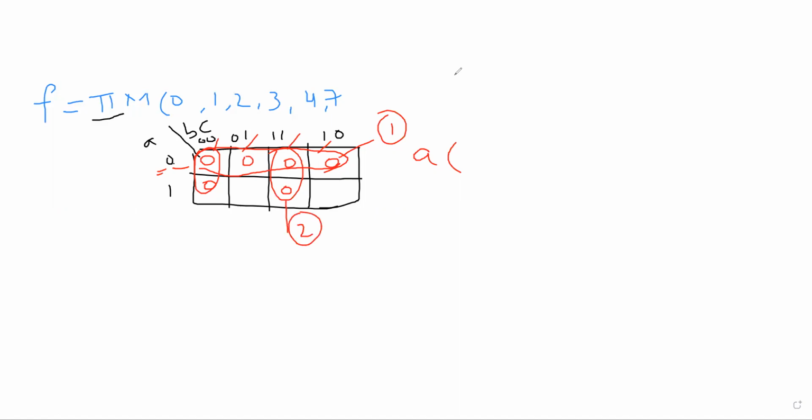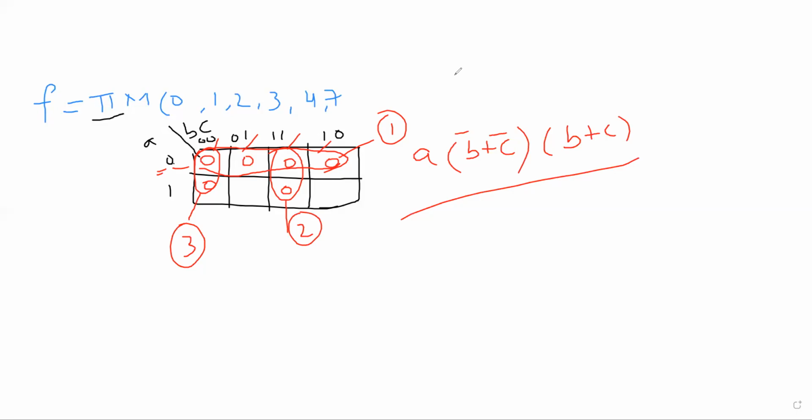Now since we are having two rows, then it becomes B complement plus C complement into, coming back to this third group, once again two rows, it becomes B plus C. This is the Boolean expression, the simplification of the given Boolean function using mapping.